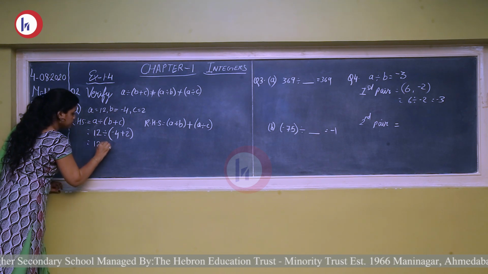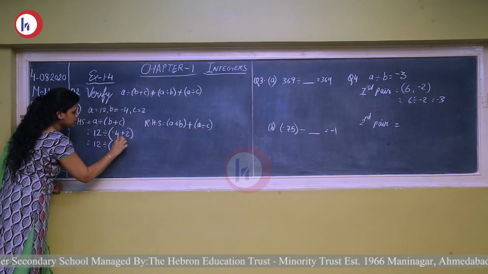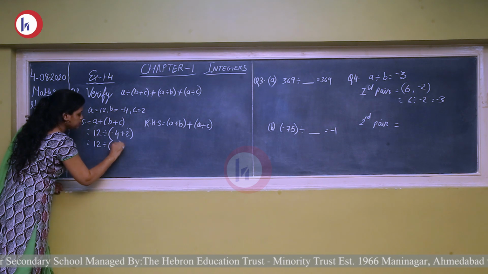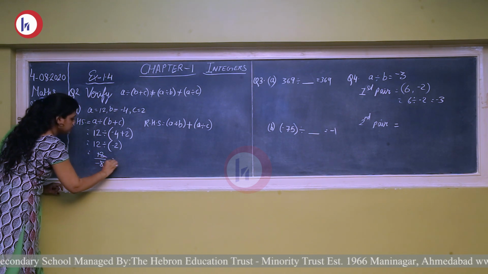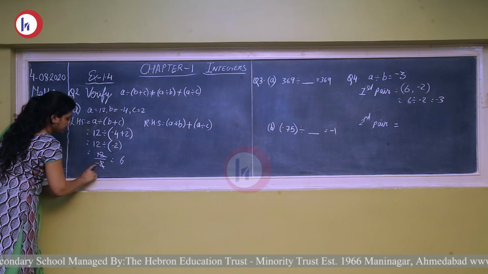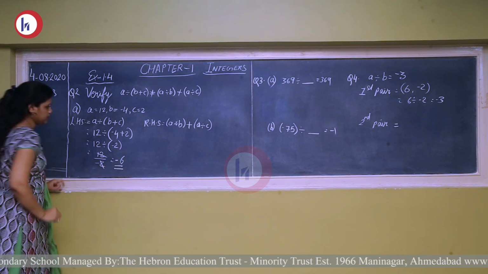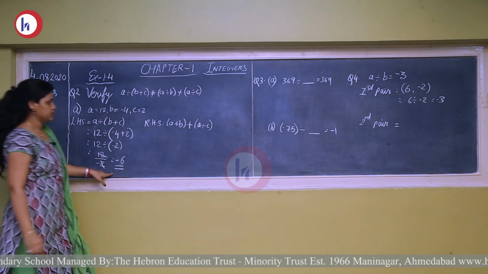A is 12, B is minus 4 and C is 2. Solving the bracket first, minus 4 and plus 2 will give you minus 2. 12 divided by minus 2, again 2 6s are 12 and plus divided by minus will give you minus 6. So your left hand side is minus 6.